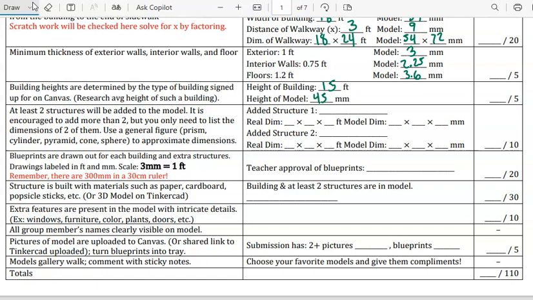You'll turn in the physical paper, and you'll turn in the pictures or the link for part of the points here, and you can get some extra points for more intricate details, more structures, that sort of thing.